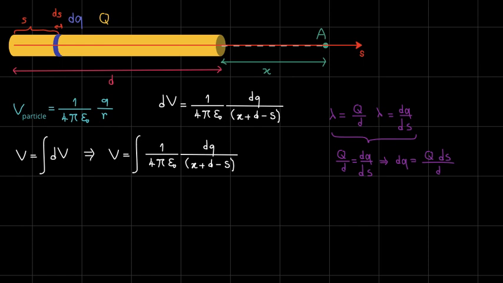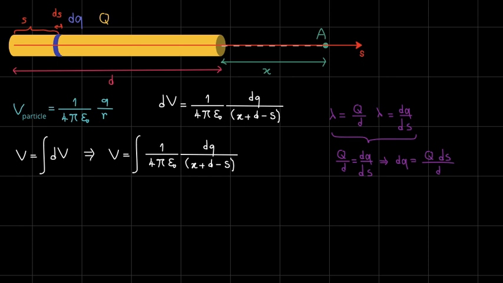So if we rearrange our equation and isolate dq, we get dq equals capital Q times ds divided by d. Again, capital Q is the total charge on the rod, which is given. d is the length of the rod, that's also given. ds is our integration variable, that's the horizontal position variable.